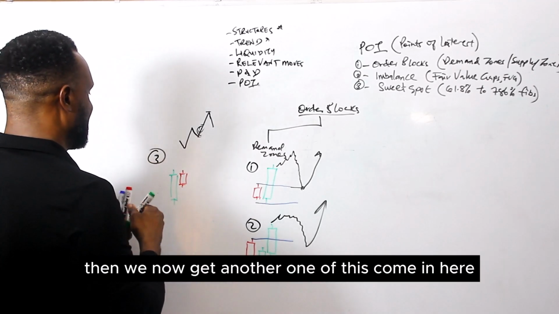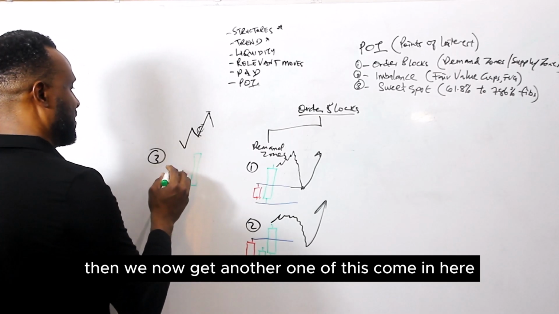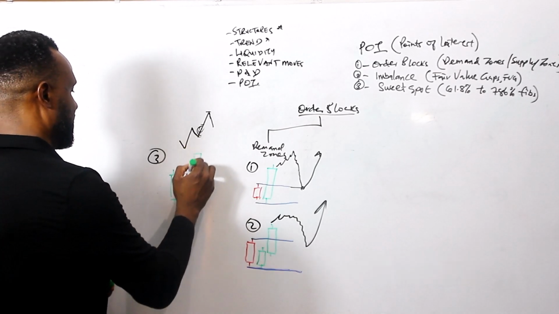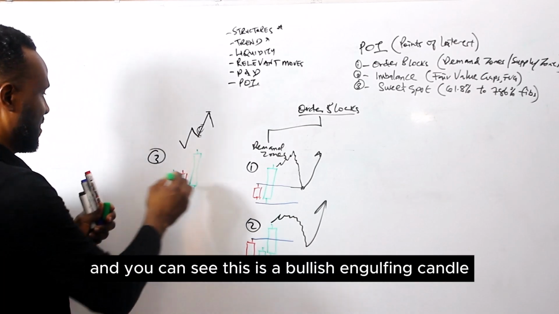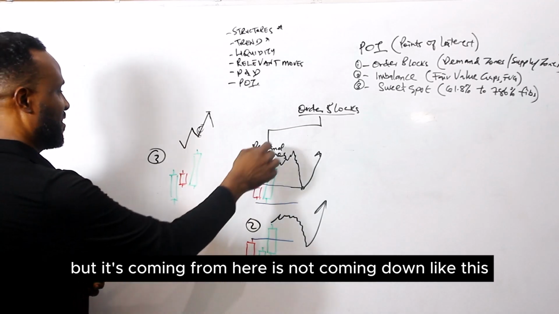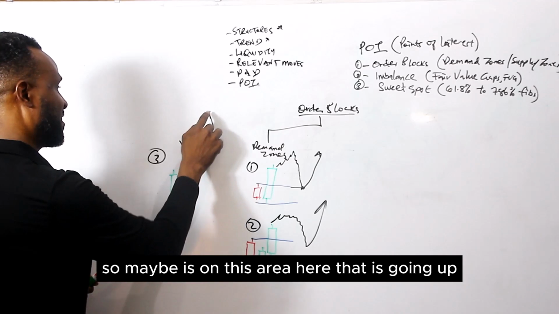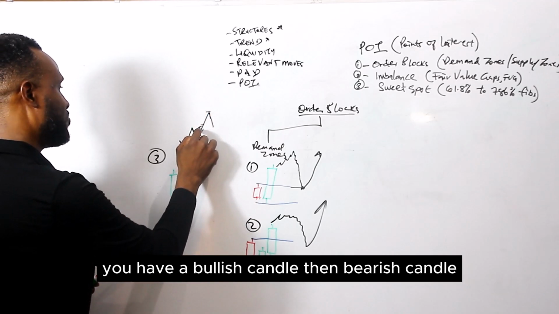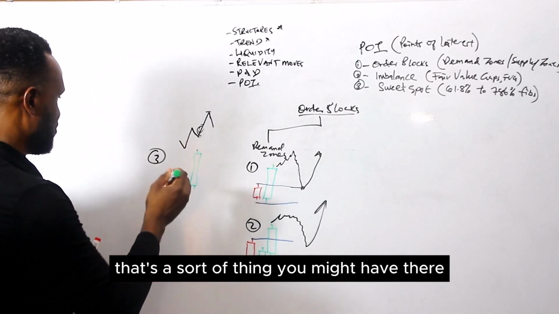Then we get another bullish candle coming in here. You can see this is a bullish engulfing candle, but it's coming from here. It's not coming down like this, but you can still see it on this. So maybe it's on this area here that is going up. You have a bullish candle, then a bearish candle, then a bullish candle, right? That's the sort of thing you might have there.